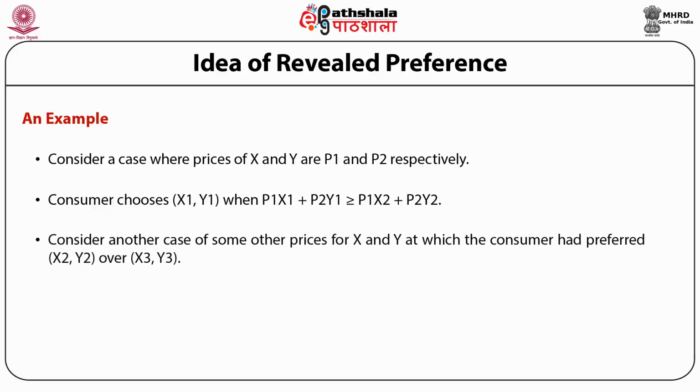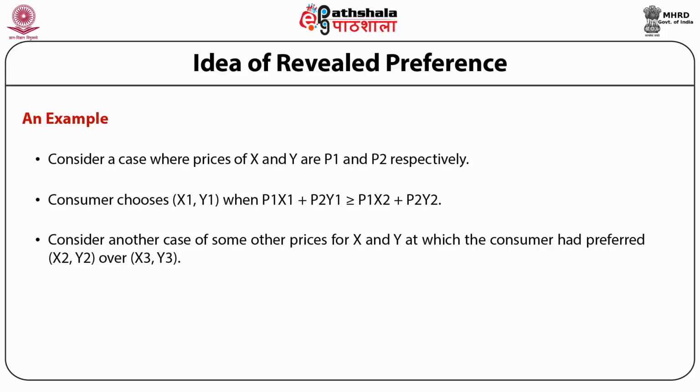Consider another case of some other prices of good X and Y at which the consumer had preferred X2 Y2 over the X3 Y3 bundle. Since in our earlier example X1 Y1 was preferred over X2 Y2, the consumer would prefer X1 Y1 to X3 Y3 by the transitivity assumption.